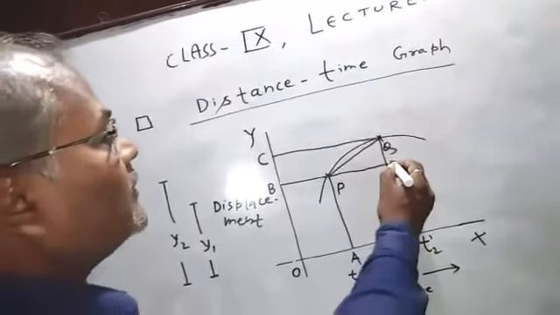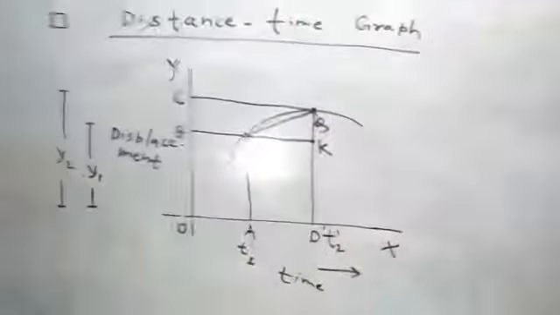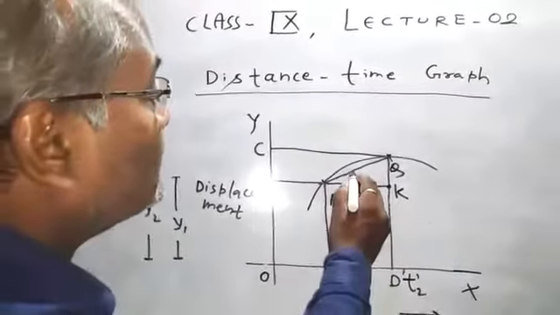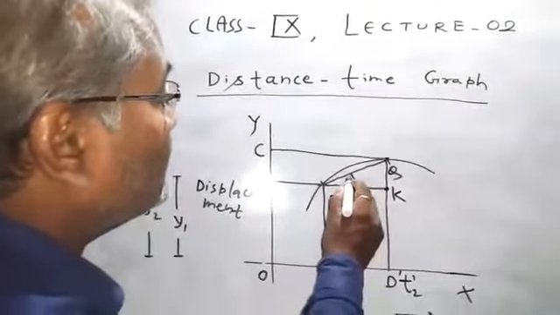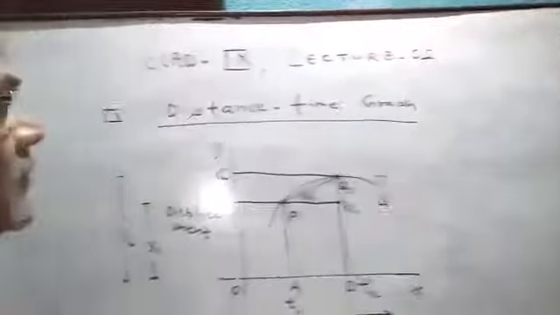Let us suppose it meets at point K. In this triangle PQK, very important, let us suppose the angle is theta. What would be the length of QK?